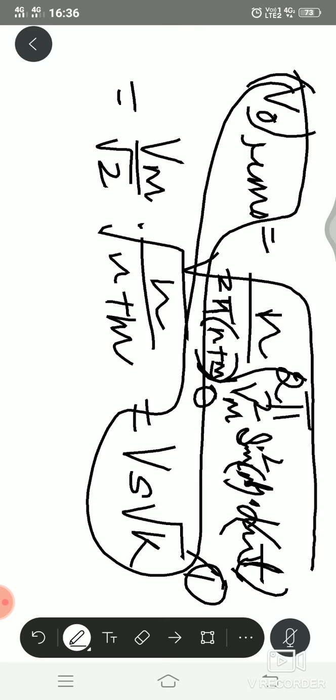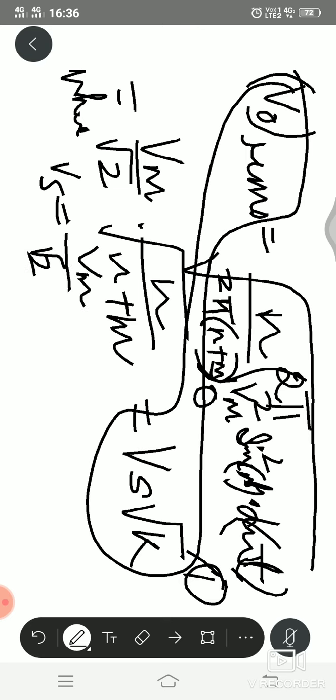Now what is Vs? Write down where Vs is equal to Vm by root 2. That is the RMS value of Vs, Vm by root 2.